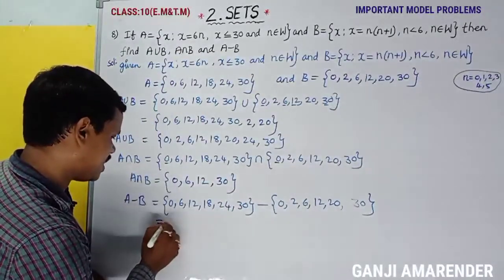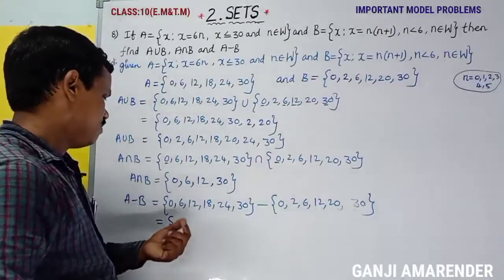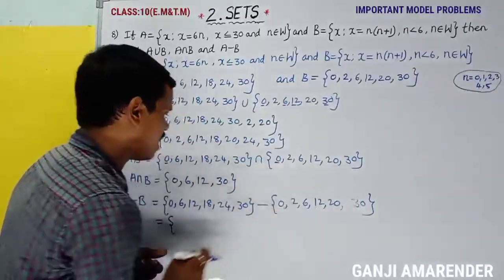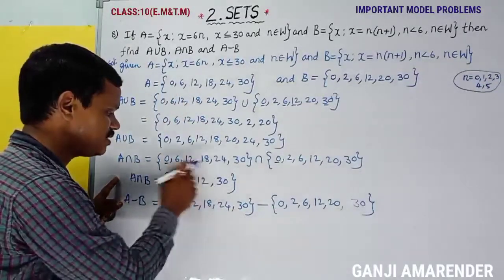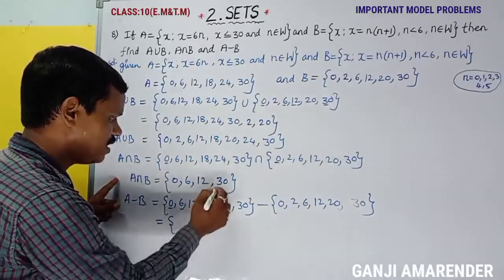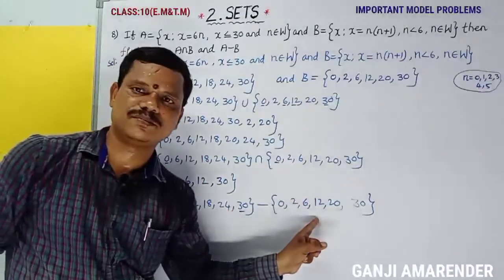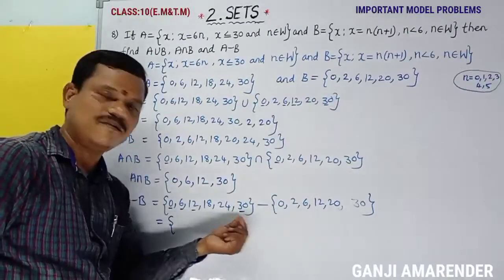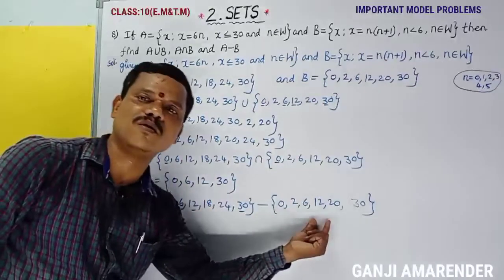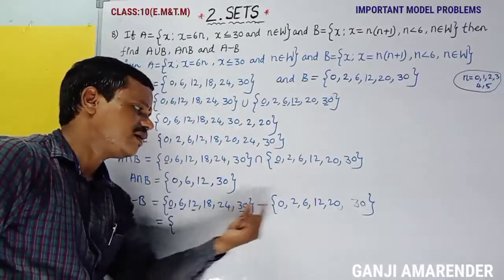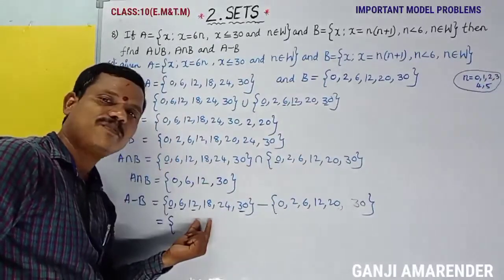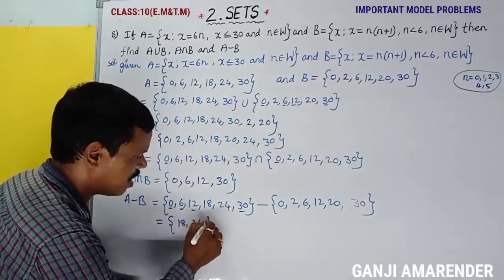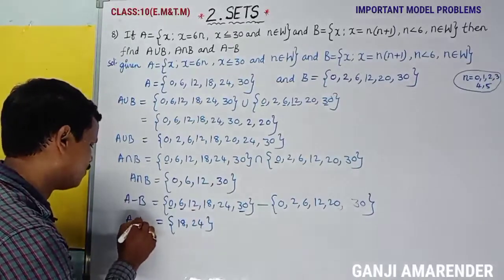Now A minus B means only elements of set A. Remove the elements of set B from A. From set A we remove the common elements with set B. In A intersection B, the common elements are 0, 6, 12, 30. These are also elements of set B. Except the elements that are in B, we write the remaining elements. The remaining elements are 18 and 24, which are the only elements of set A.